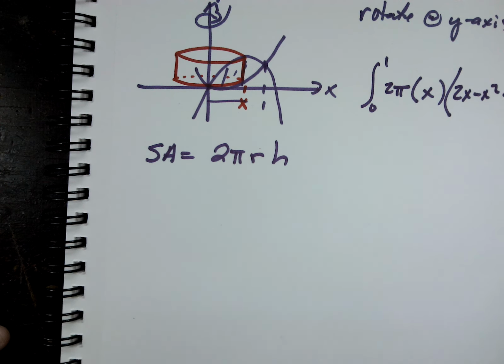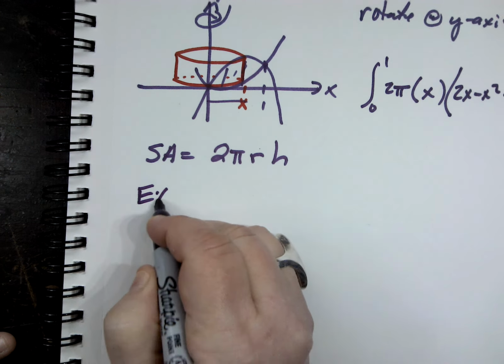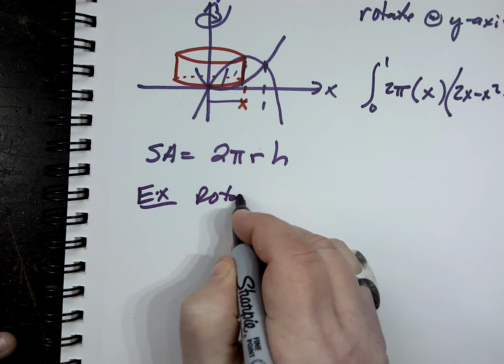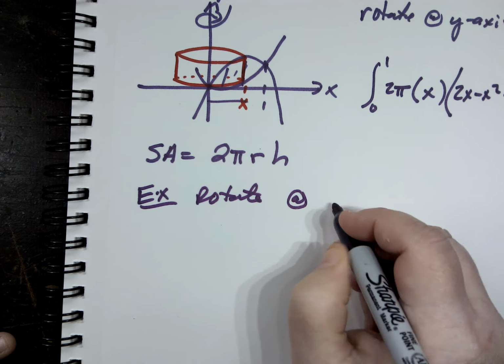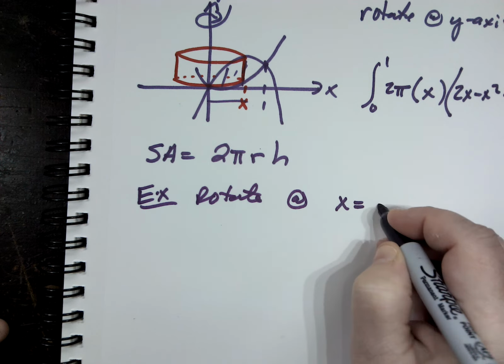Now, suppose I didn't want to rotate it around the y-axis. I want to rotate about x equals -2.